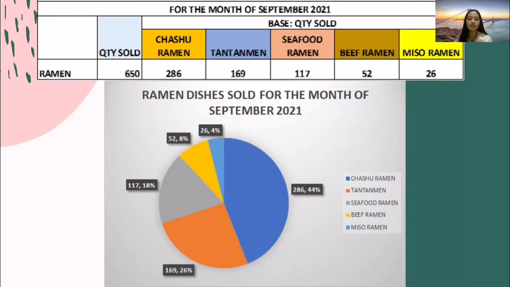The yellow one corresponds with the beef ramen, which got 52.8%, and the sky blue corresponds with the miso ramen, which is 26.4%. So that is how we apply the given situation in our pie graph or circle graph.